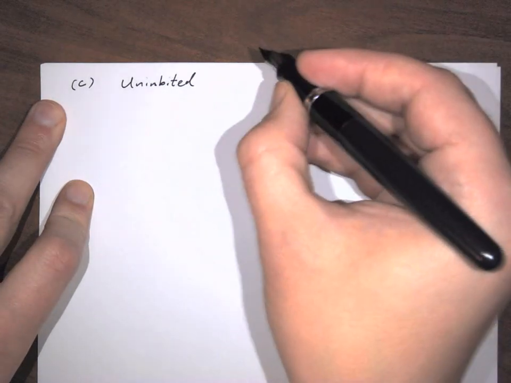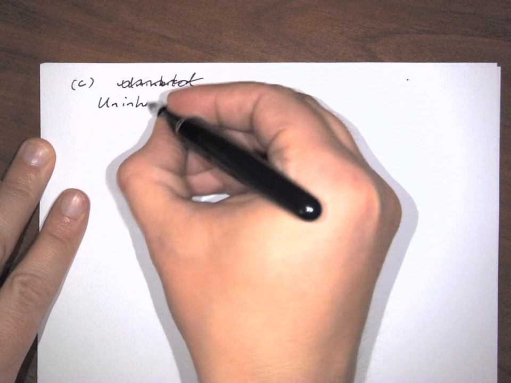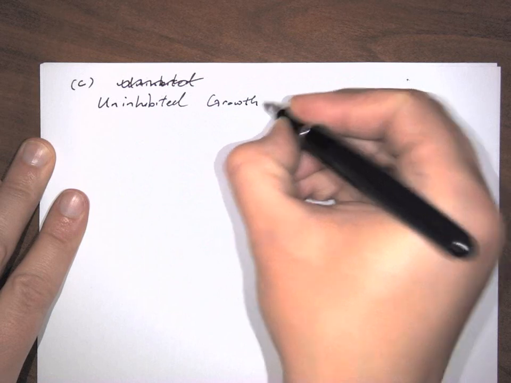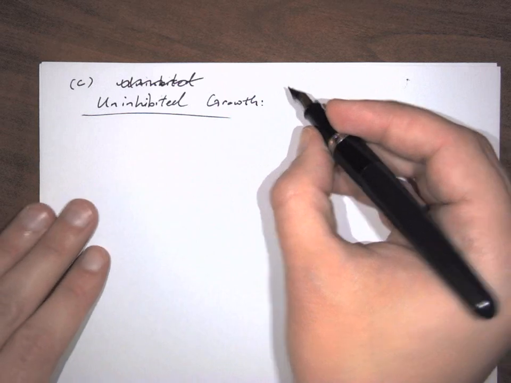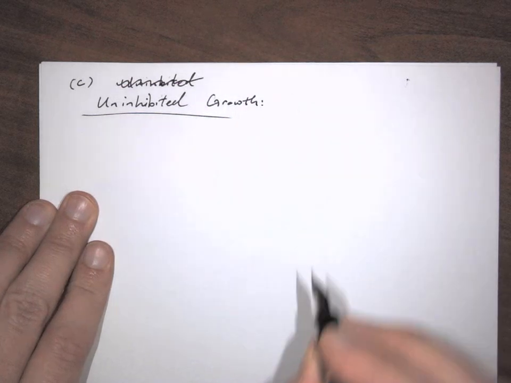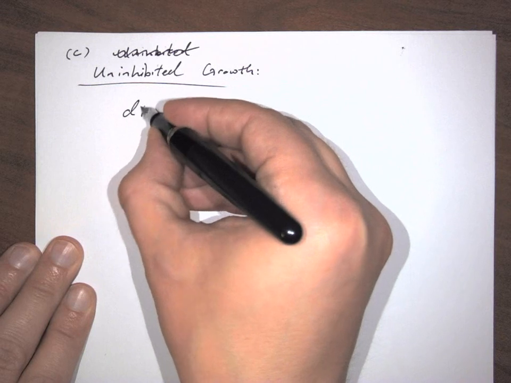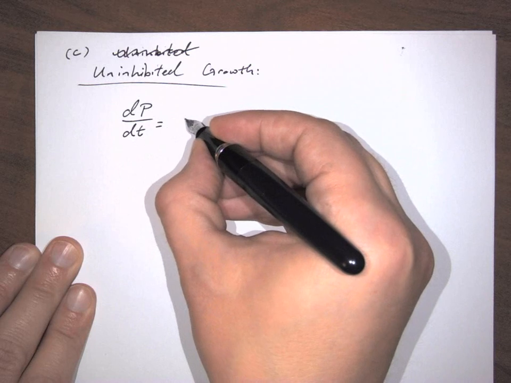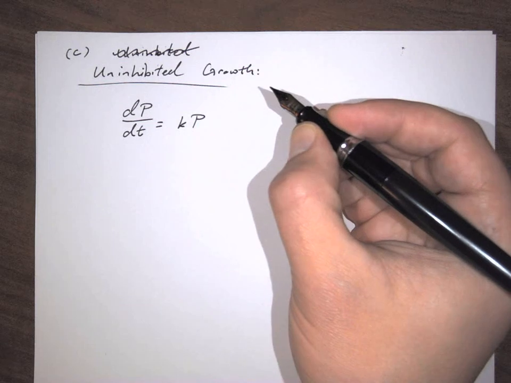So here, what we would be talking about is a population of animals, let's say, that are growing without any kind of constraint. So what's happening is that the rate of change of the population with respect to time is just increasing at a rate that is proportional to what the population currently is.